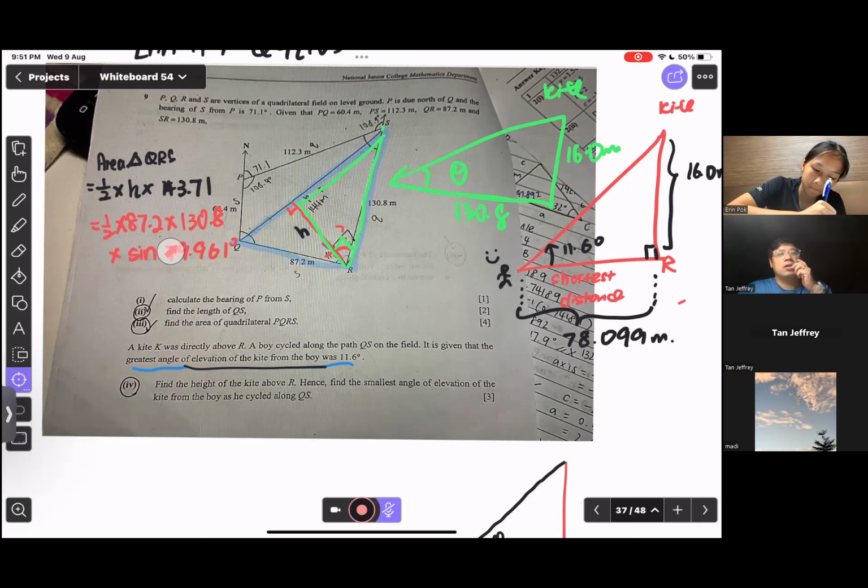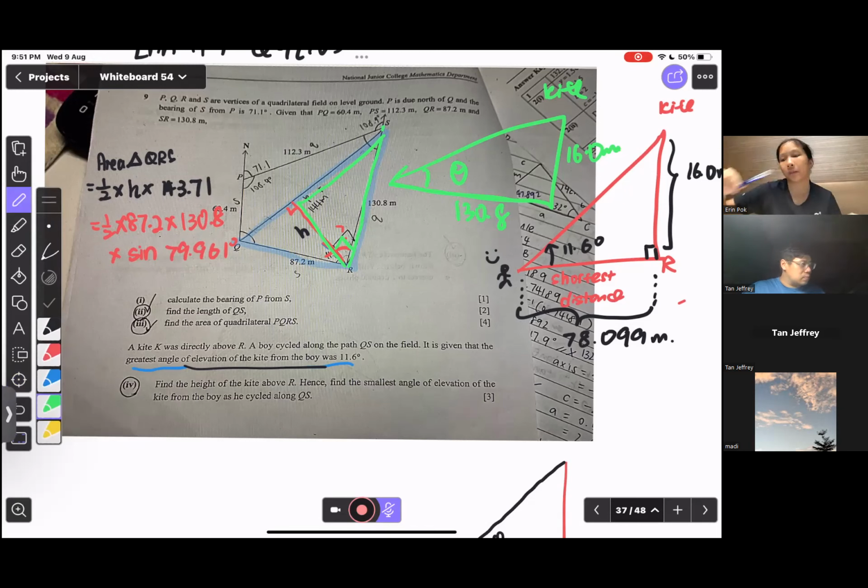Could be rounding off error. You use 3 to 5 decimal places, okay? Okay, can? Be careful. So this number should be 79.748. Okay? Yeah.